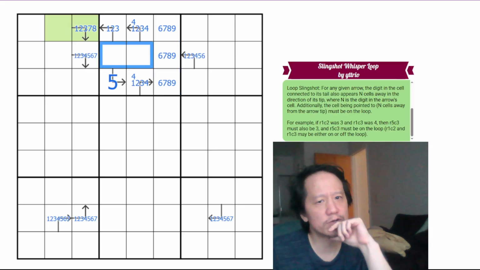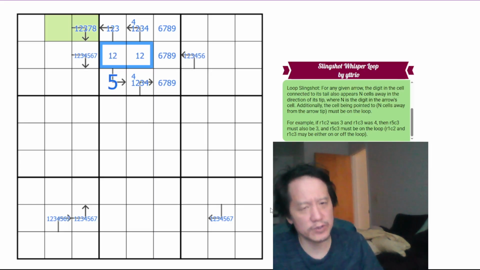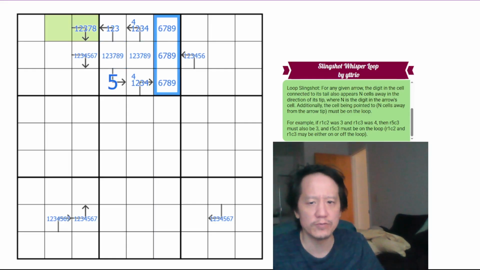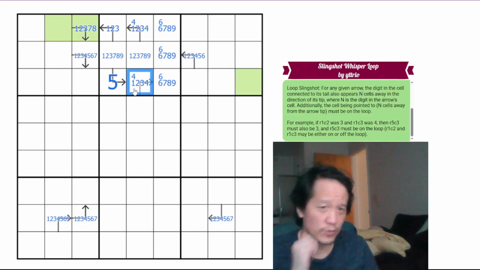One of these would be low, the other one would be high. So we'd have 1, 2, 3. The other one would have to be 7, 8, 9. It could not be 6. So 6 would have to be one of these. This would be referencing a 5. So this would be on the loop. This could be the 4.